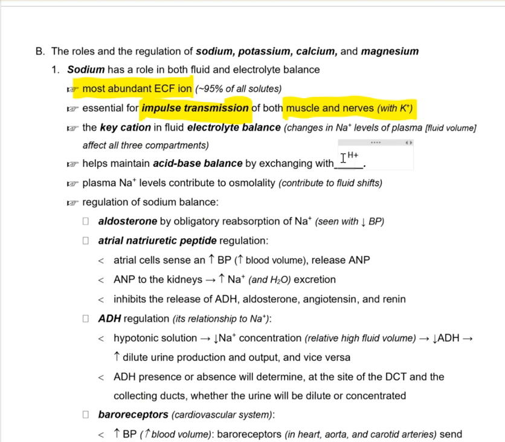So we can take a hydrogen proton and put it out, say, in our urine or somewhere else, and we can bring a sodium back, and that will balance out the charge and make the charge the same, but get rid of an acidic component like a hydrogen proton. Plasma sodium contributes to osmolality because we have fluid shifts. Remember, water follows sodium.